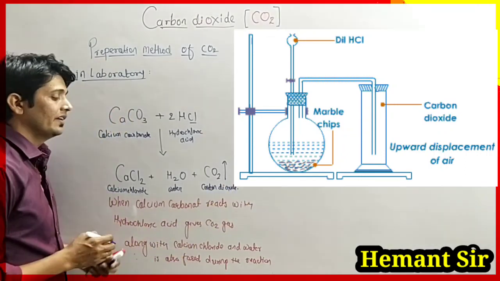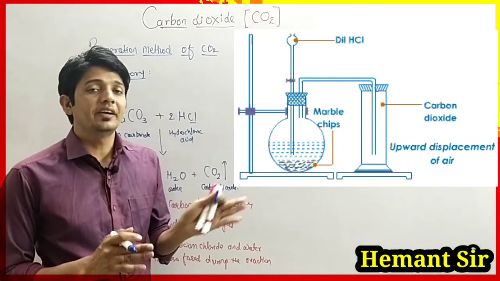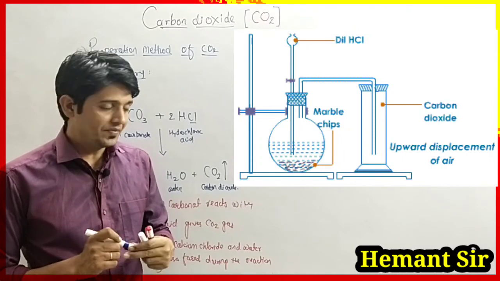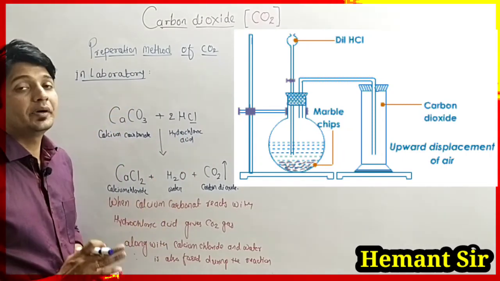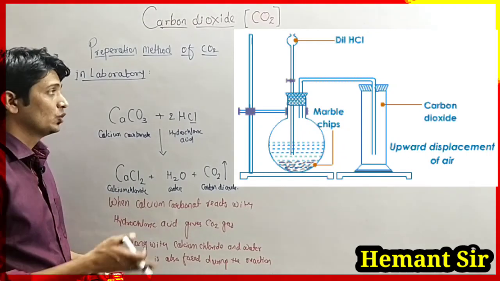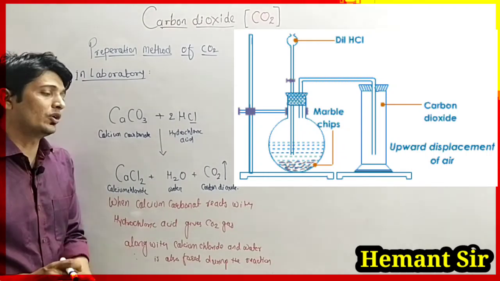And then carbon dioxide is collected in another container. So this is the way carbon dioxide is prepared in the laboratory. If you want, you can write it down or take a screenshot also.